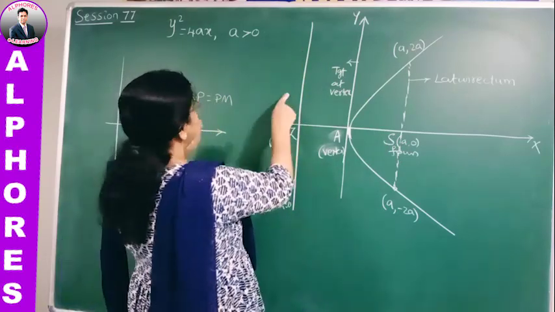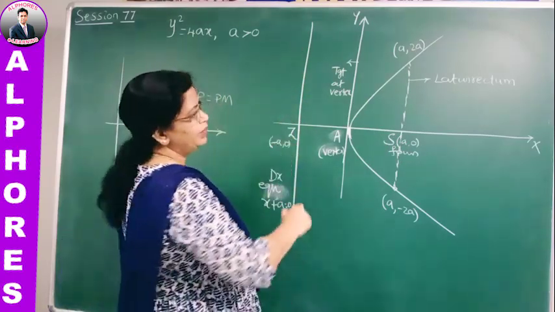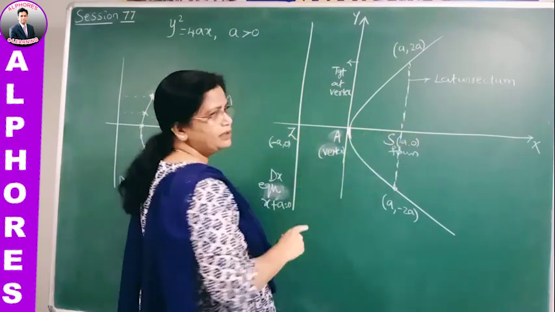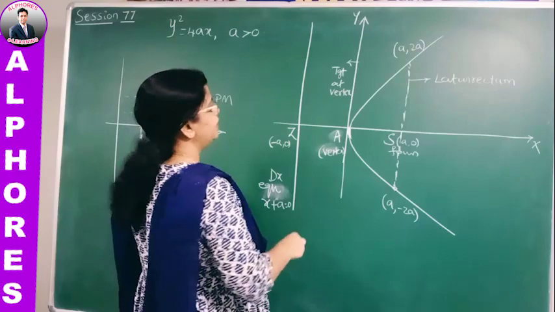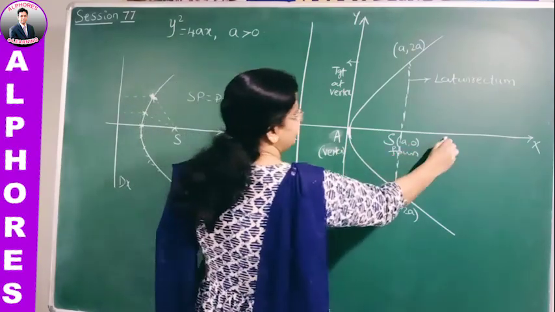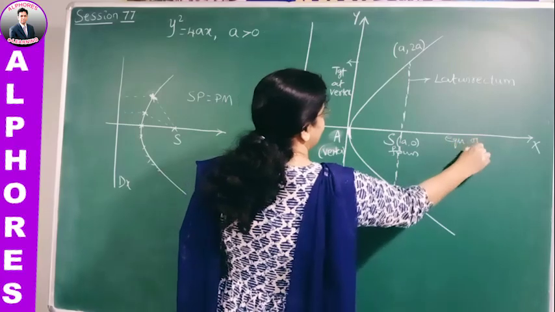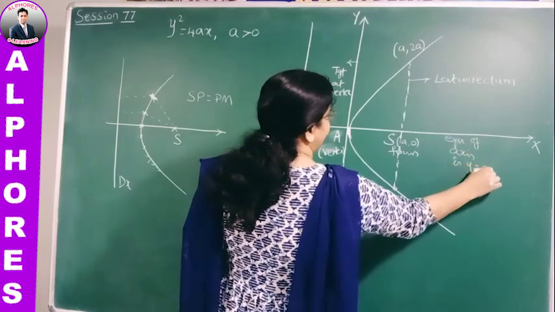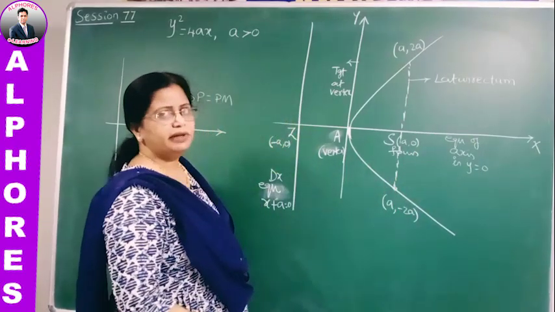Now for this standard parabola, what is that axis? The axis is nothing but the x-axis. So the equation of axis is y equal to 0, because the x-axis equation is y is 0.